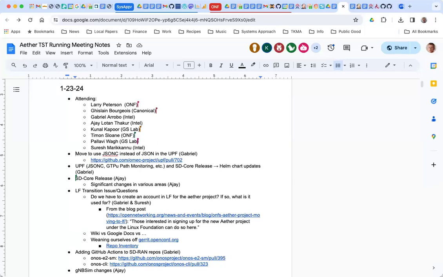It seems like a good idea. Larry, I have discussed this with Gabriel, so it looks like a good change. Just the caveat here is that as soon as this UPF code gets merged, if somebody wants to use the latest code with the old Helm charts, they will see the failure. So we will possibly have to generate new Helm charts.